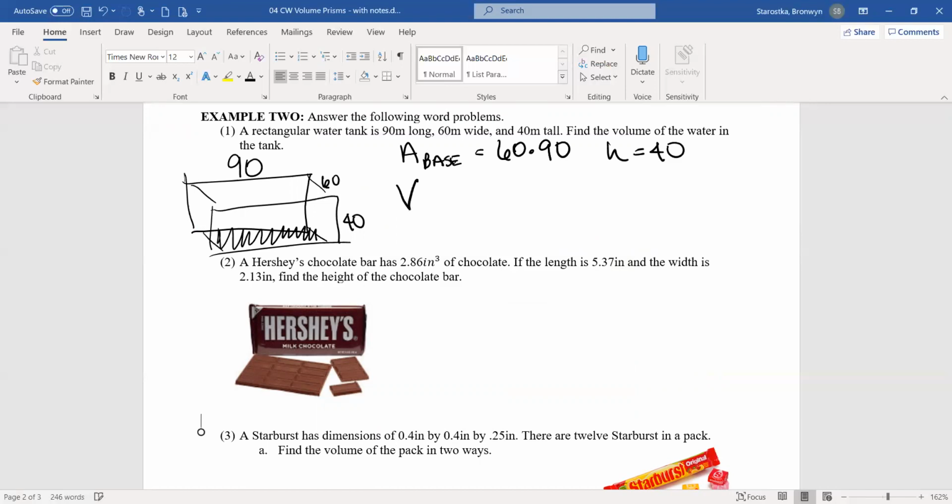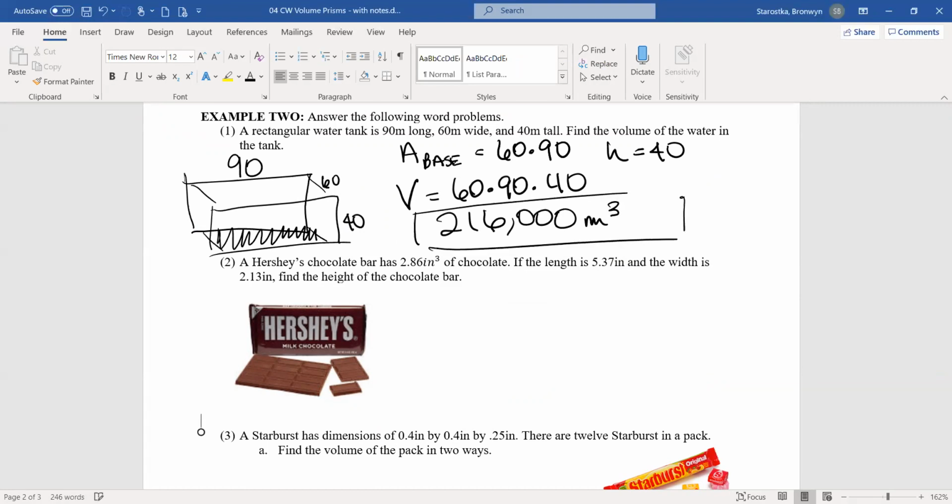So our total volume is going to be 60 times 90 times 40 or 216,000 meters cubed. It seems like a big number, but it's a water tank.